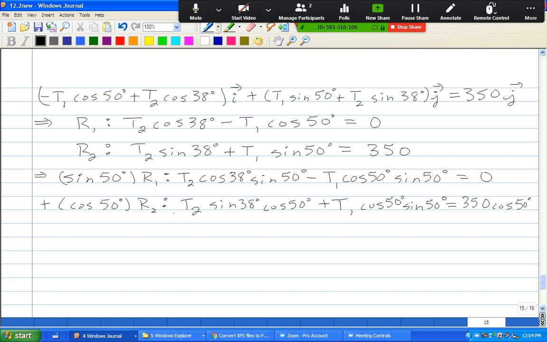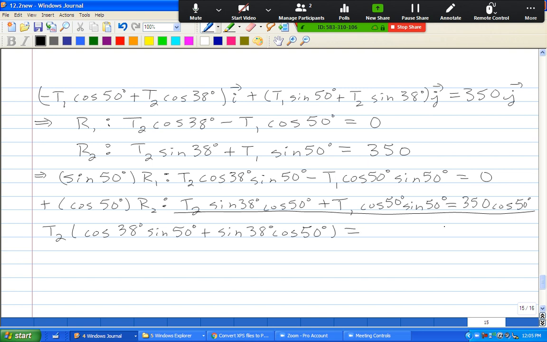So let's add these. These will cancel, and you get T2 times cosine 38 degrees sine 50 degrees plus sine 38 degrees cosine 50 degrees is equal to 350 cosine of 50 degrees.